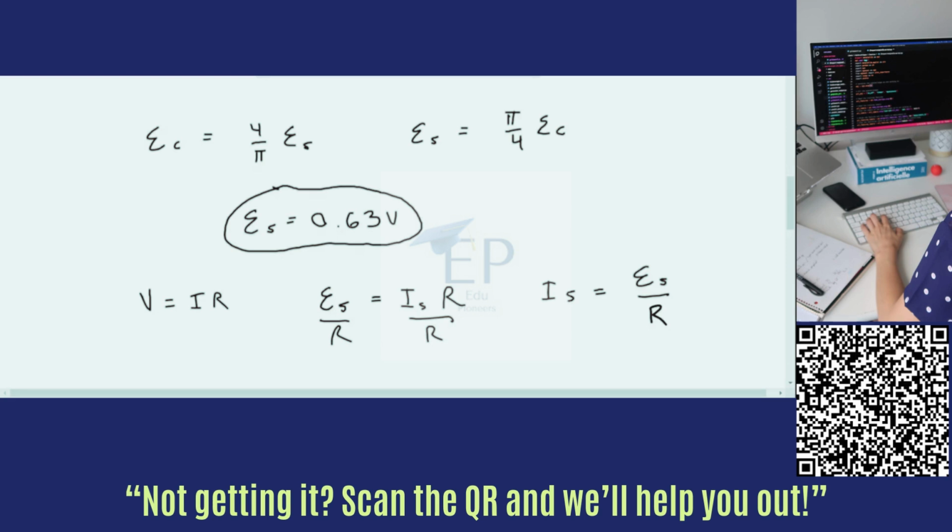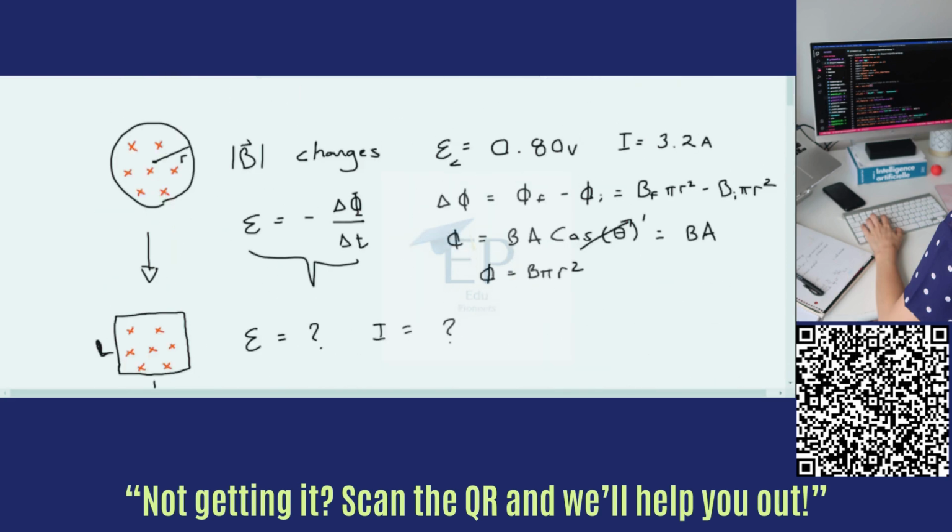Okay, so how can we find R? Well, if you remember, for the circular loop, we were given the current and the voltage, or the induced EMF. So we can actually solve for our resistance right away. Just using the same equation, E circular equals I for the circular loop times R, solve that for R. Let's bring it down over here.